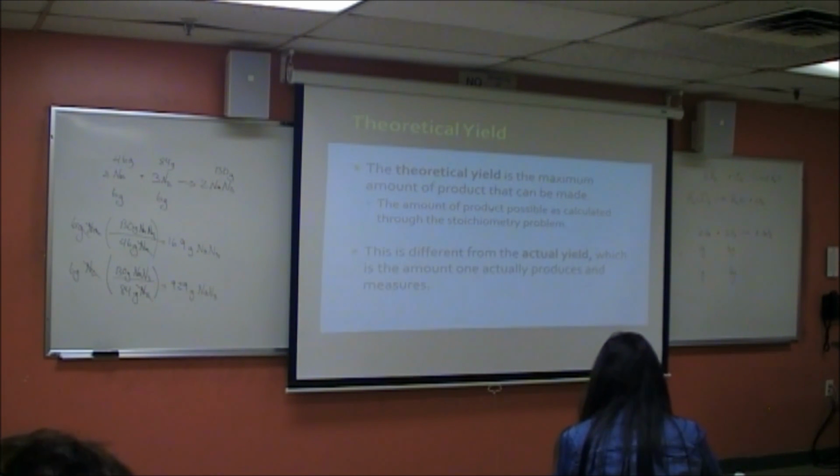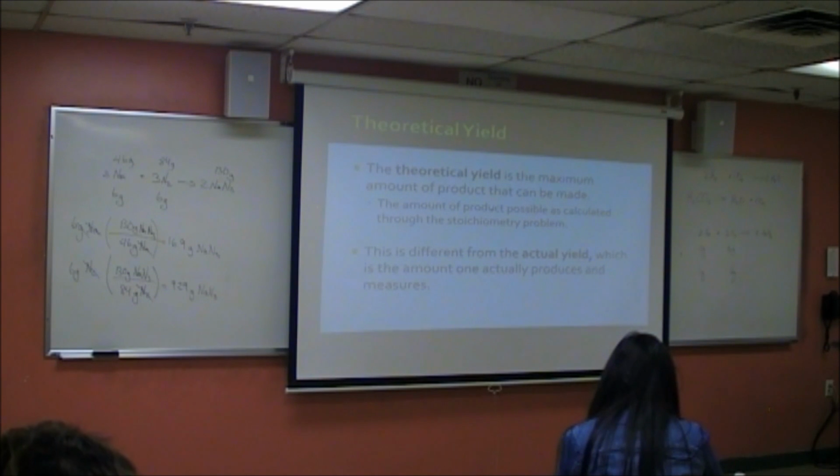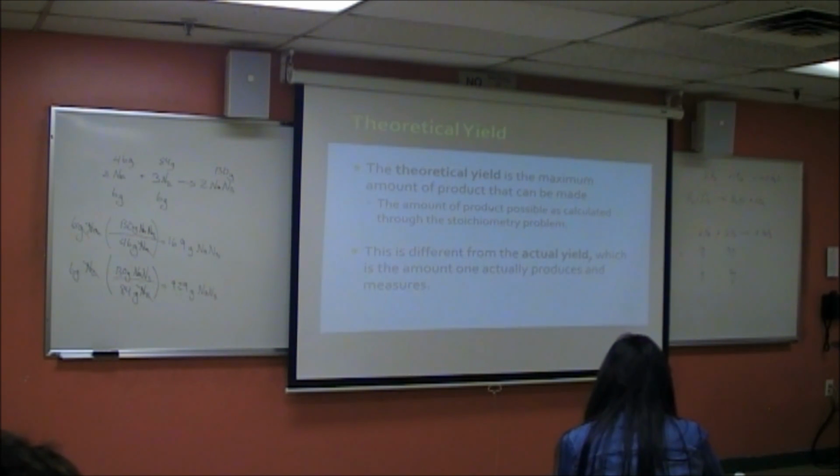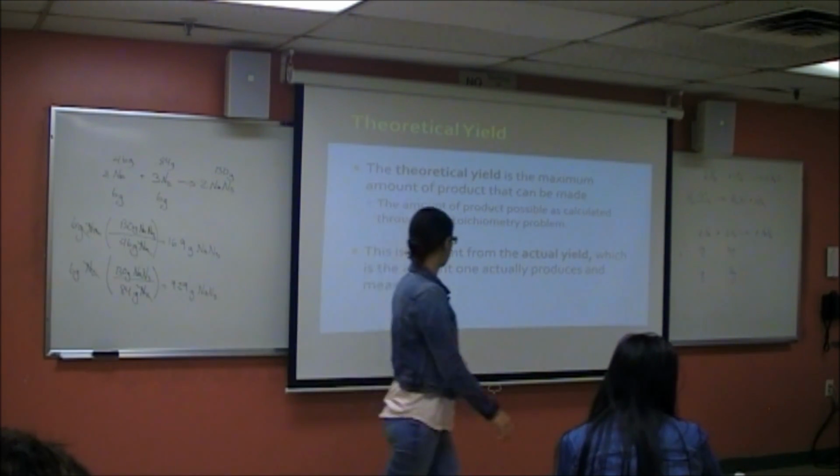Okay? Now we have the actual yield. The actual yield, when you go to the lab and reality hits, and you try this experiment, and all the little side reactions take place. Like the first one that we did, because the first one had the decomposition as well.